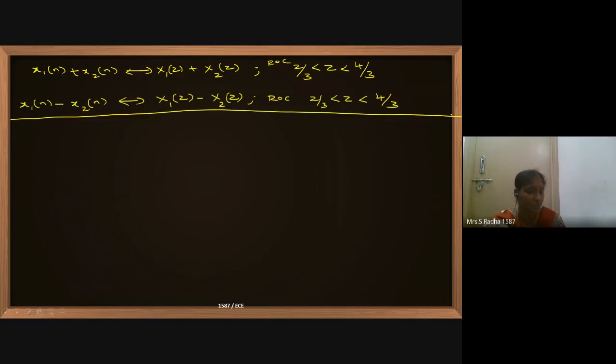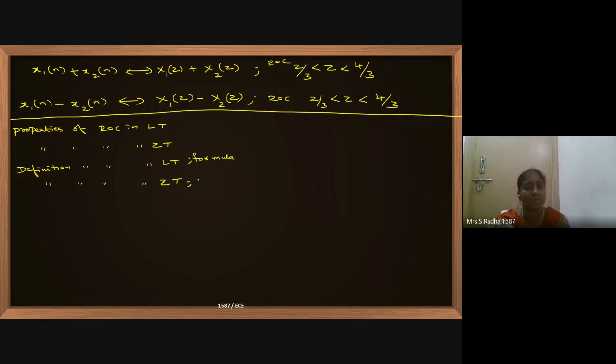This is the point. Other than this, you study the properties of ROC in Laplace transform, properties of ROC in Z transform. Definition and formula. Definition of ROC in Laplace transform, definition of ROC in Z transform. You have a formula also for ROC.